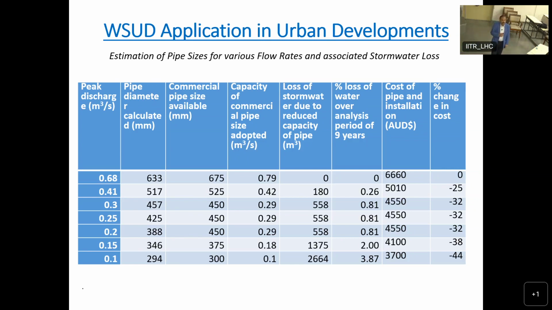Even by taking a peak flow of 0.25, you are losing only 0.8%, which is a tiny component, but you are saving around 32% of the overall cost.